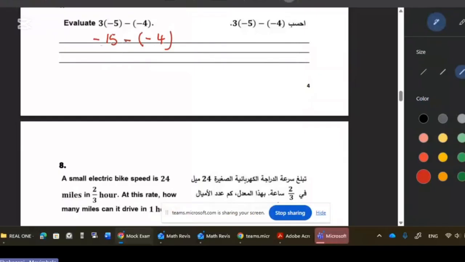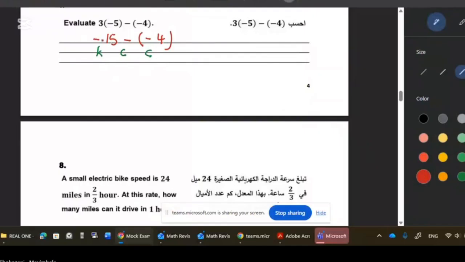Now, we're having a minus here or a subtraction sign. Now, when we're having the subtraction sign, we can use KCC, which is keep, change, change. Right?